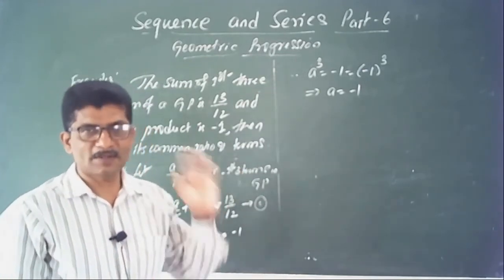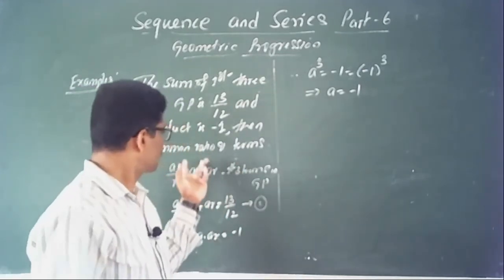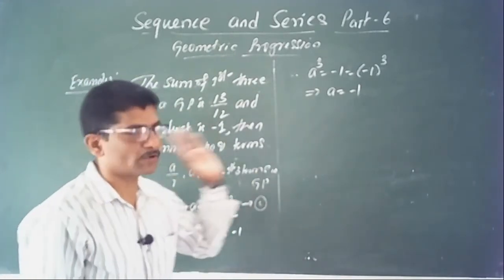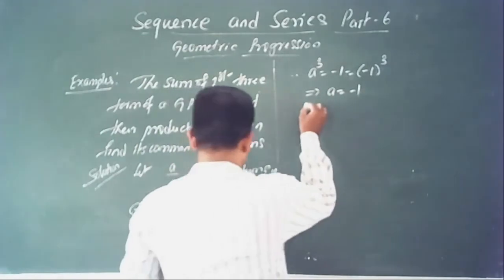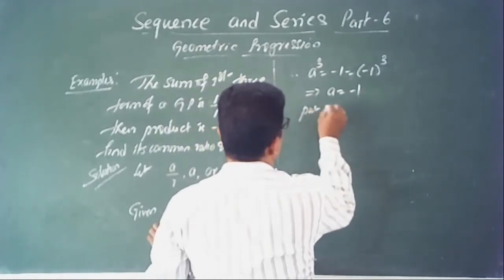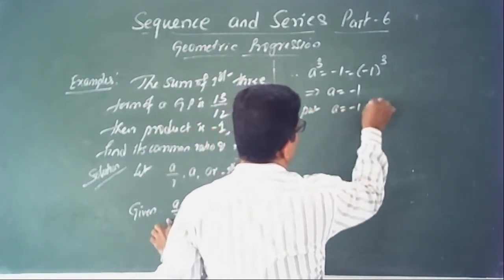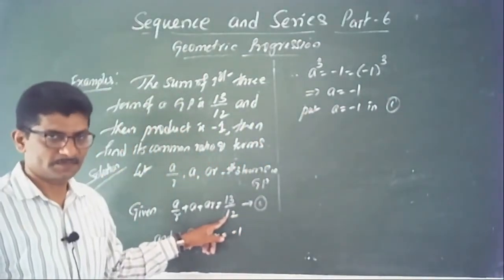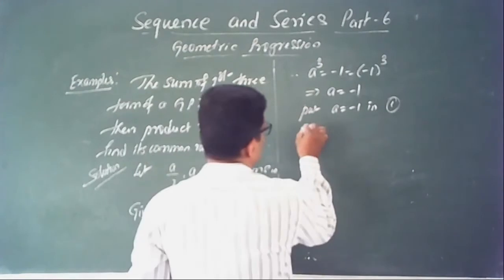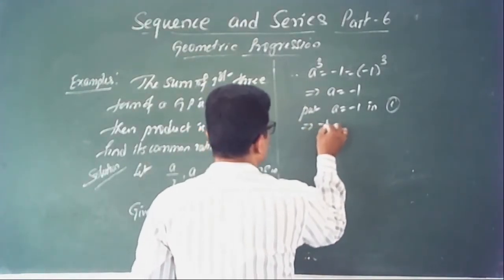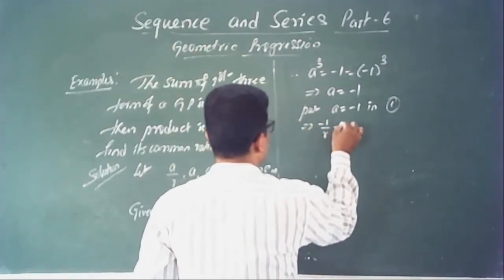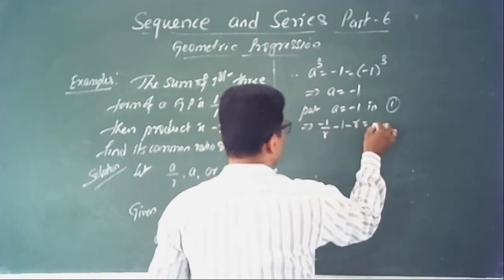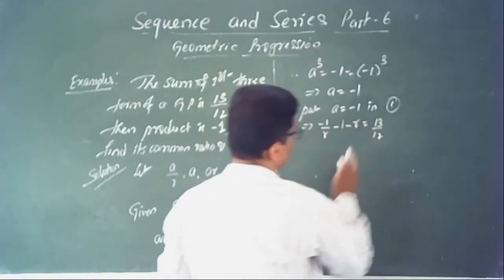Then find the terms or common ratio. If you find r, you get the common ratio. Here you know that, put a is equal to minus 1 in the first equation or first result. a is minus 1, it implies minus 1 by r plus minus 1 plus minus 1 into r is equal to 13 divided by 12.